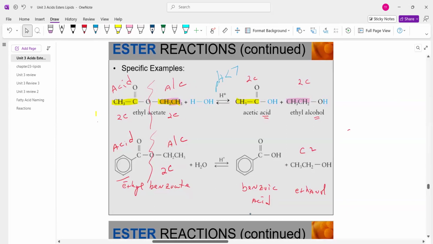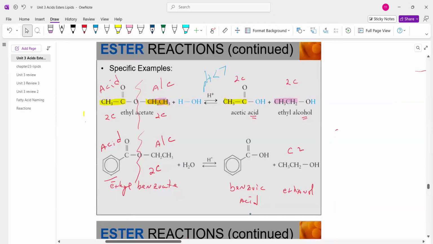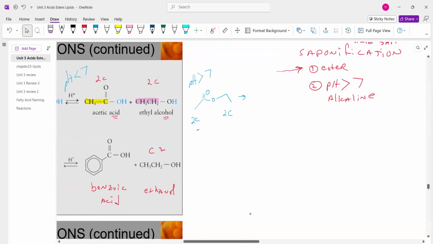So let's do the same reaction in pH greater than 7. So we have ethyl acetate. Okay, so we have 2 carbons. Let's see how to do this.